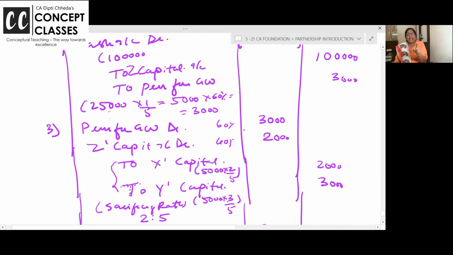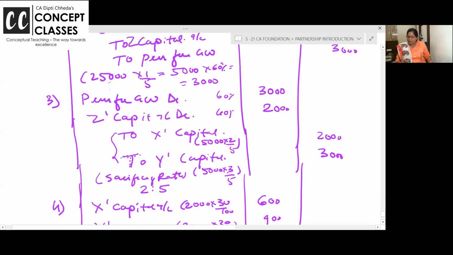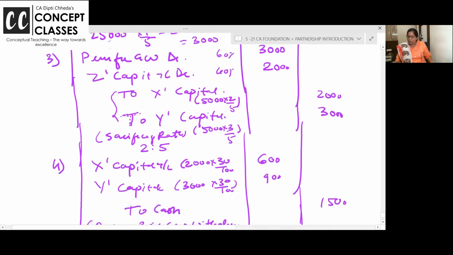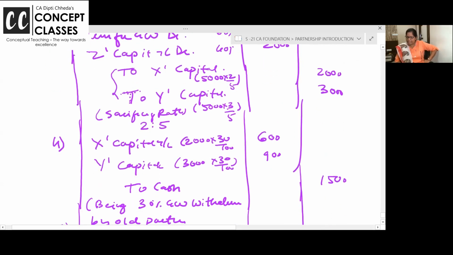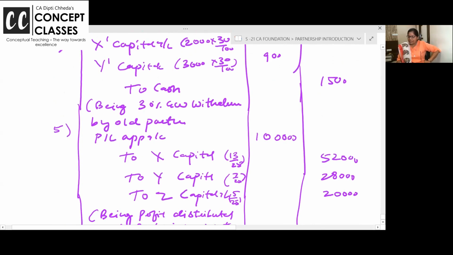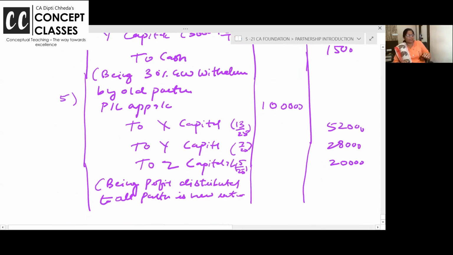Remaining he didn't get in cash, so debit his capital account. But both put together go to the old partners X and Y in the sacrificing ratio. Old ratio, new ratio, sacrificing ratio, first only we have calculated. Now, how much goodwill? X got 2,000, 30% he is taking home. Y is also taking home. So that we have done. And then the profit: whatever profit you have got, give it to old partners in the, sorry.